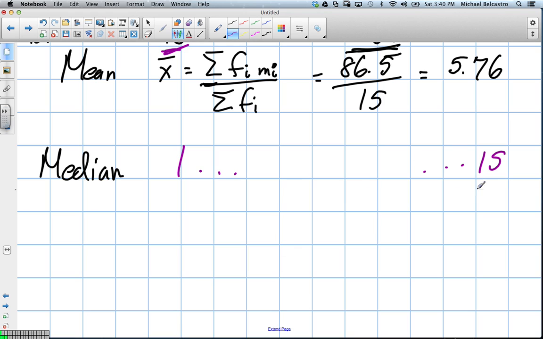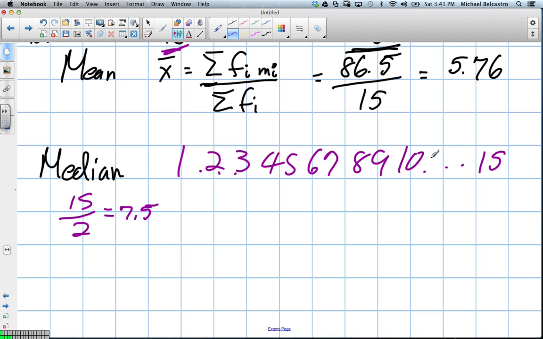Because this is an odd number, I can divide 15 by 2, which essentially is telling us that our 7th number here is going to be probably, so let's go through this. 1, 2, 3, 4, 5, 6, 7, 8, 9, 10, 11, 12, 13, 14, 15.